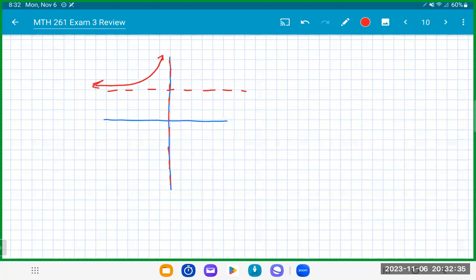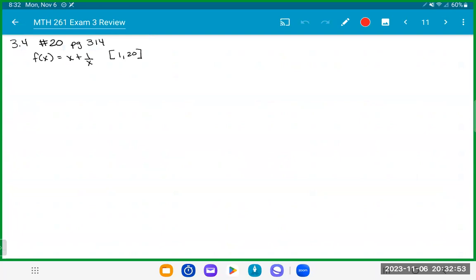And on the interval from 0 to infinity will be concave down. Okay? Question. Again, just make sure you label your graphs so that you maximize the points.